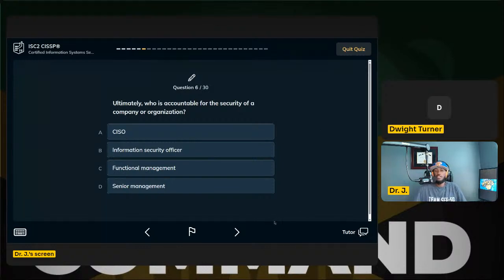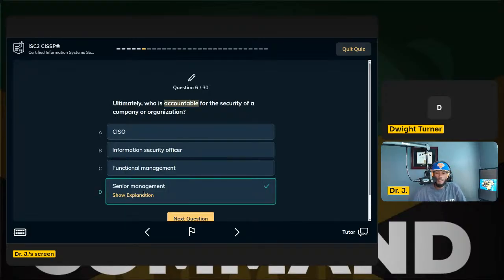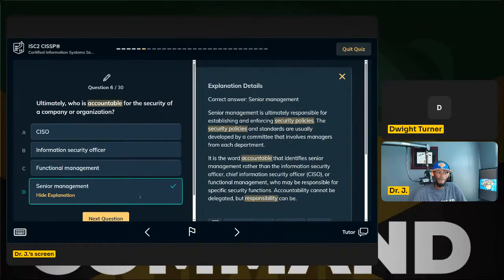All right. Ultimately, who is accountable for the security of a company or organization? Oh yeah, it's not CISO, not Bravo. It's going to be senior management. They hold the ultimate responsibility.